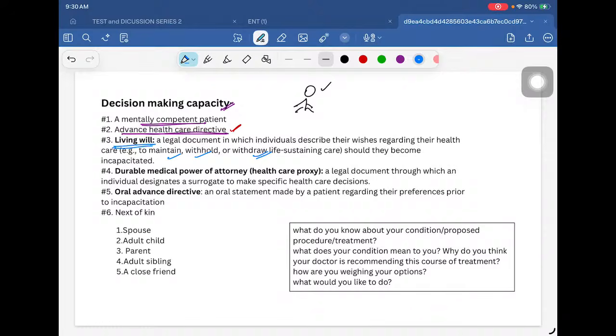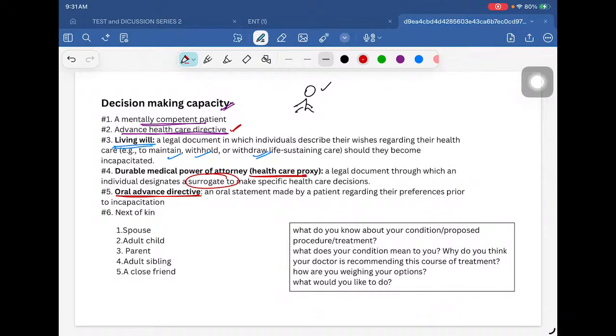If this is also not there, then comes the healthcare proxy. This is a legal document that designates a surrogate who will make decisions on behalf of the patient. And last we have the oral advance directive. This is an oral statement made by the patient when they are totally fine, totally awake.